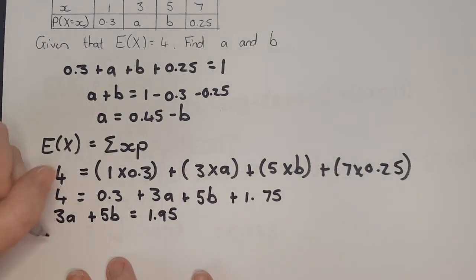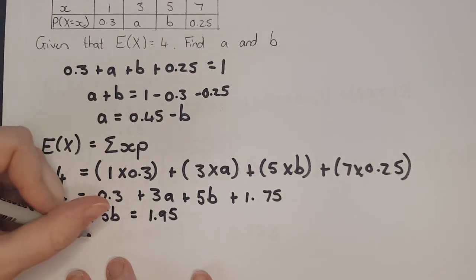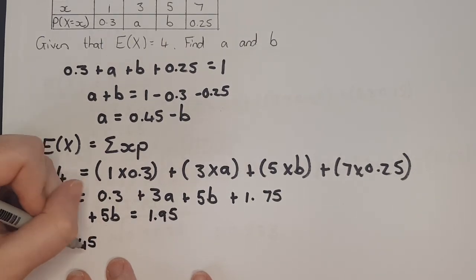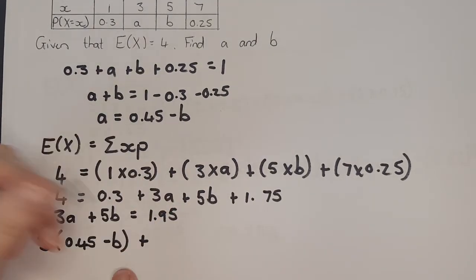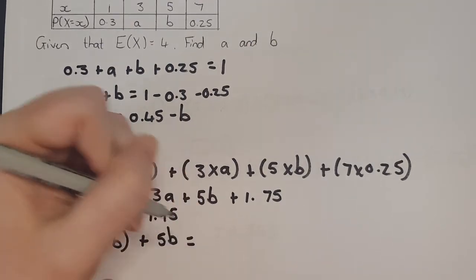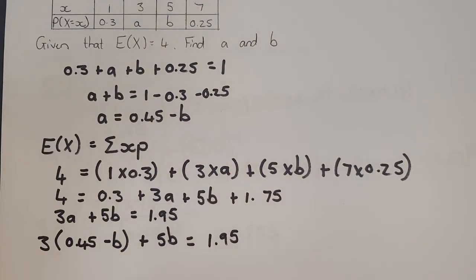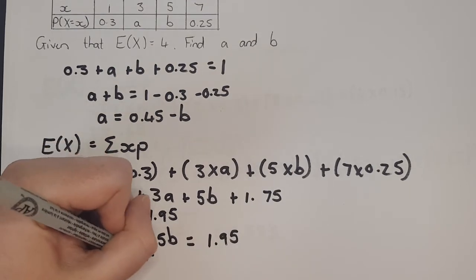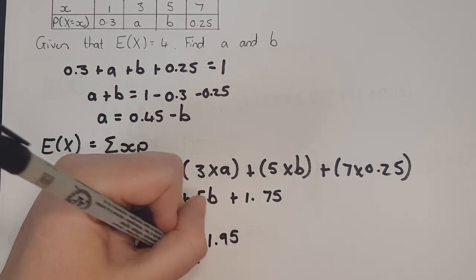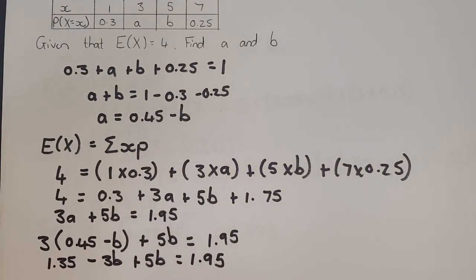If I do that, I can say 3 times (0.45 minus B) plus 5B equals 1.95. Now I multiply that into the whole bracket, so 3 times 0.45 is 1.35, minus 3B plus 5B equals 1.95.